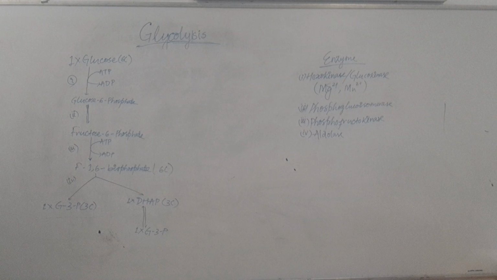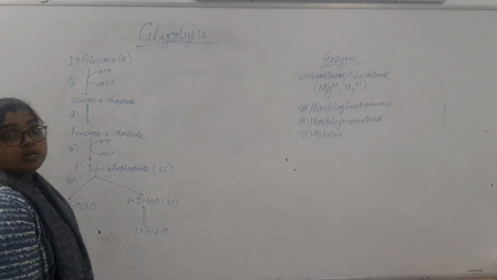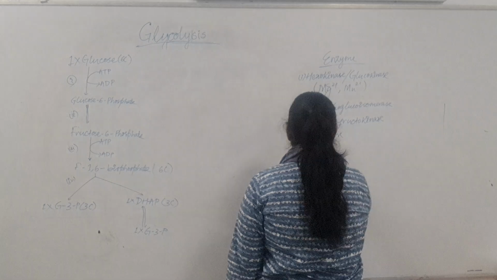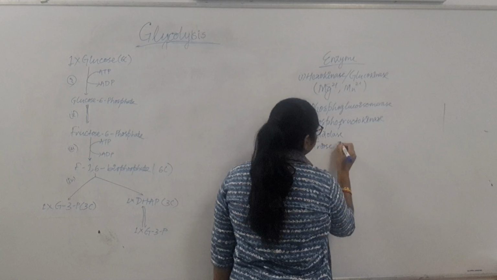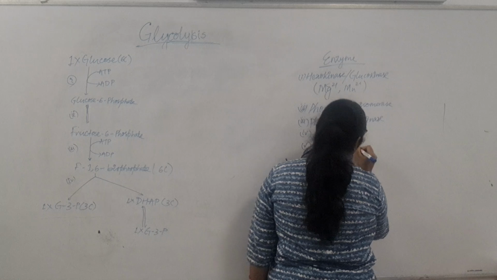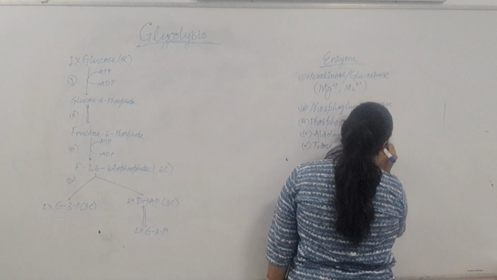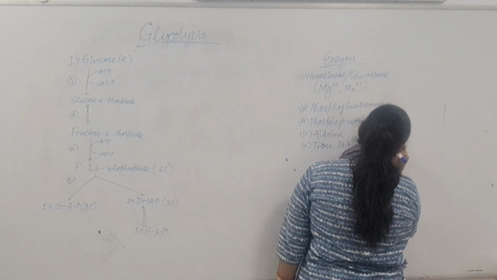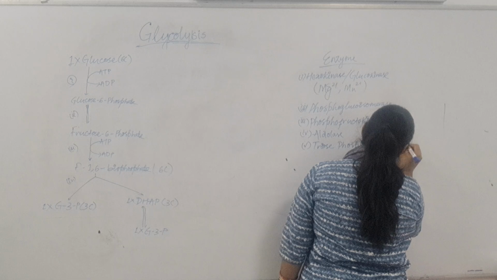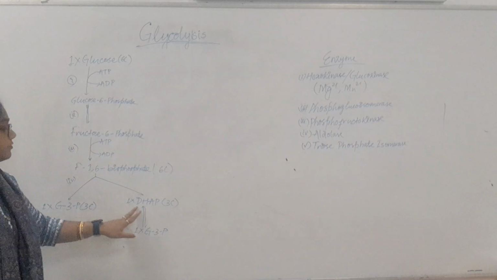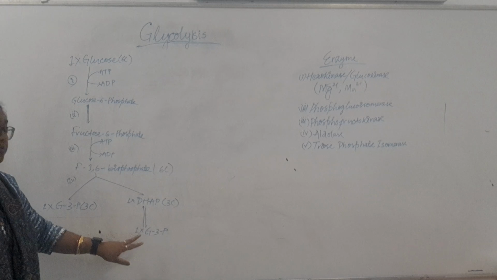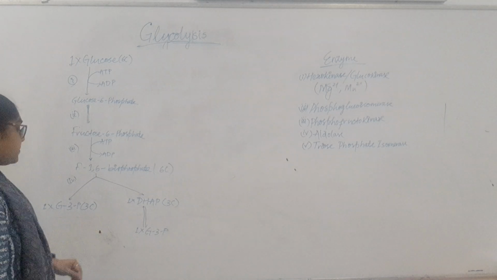And the enzyme is known as triose phosphate isomerase, because here an isomerization process takes place. It does isomerization from DHAP, dihydroxyacetone phosphate, to glyceraldehyde 3-phosphate.